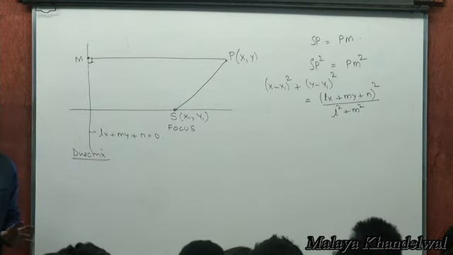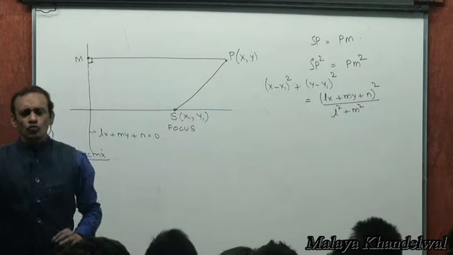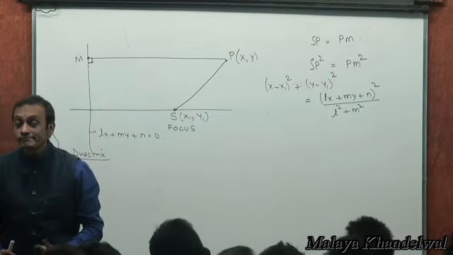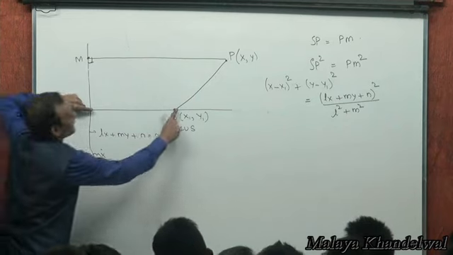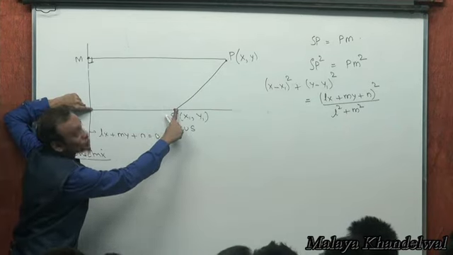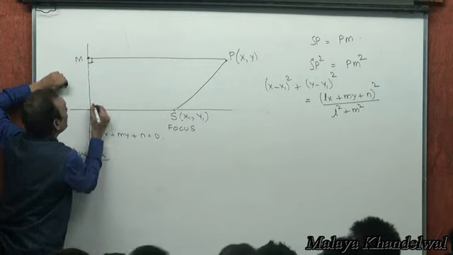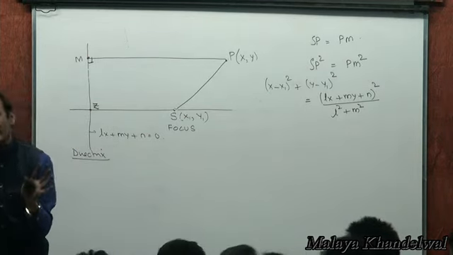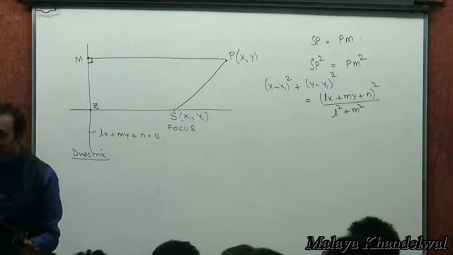Now, can you tell me what would be the latus rectum of this parabola? See, this length would be the semi-latus rectum, isn't it? So double of SZ would be the latus rectum of the parabola. SZ would be the semi-latus rectum, right?